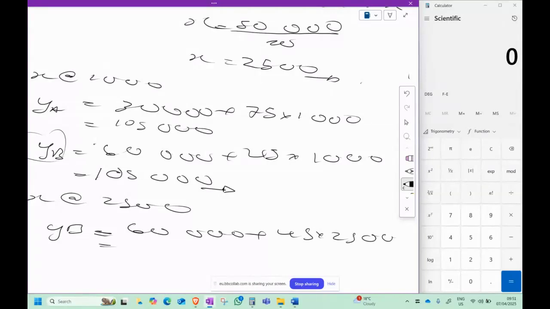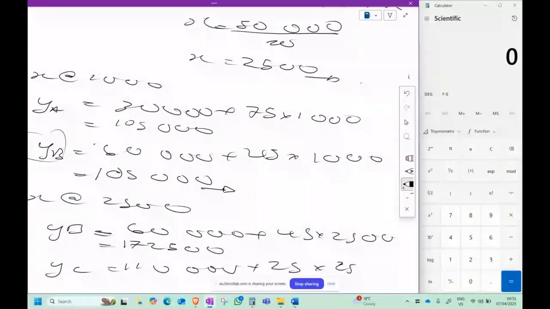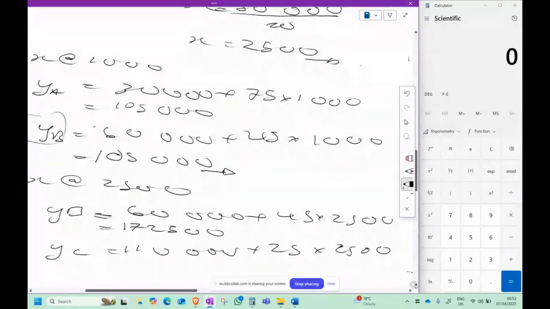What's our answer? 172,500. Y for C equals 110 plus 25 multiplied by 2.5.